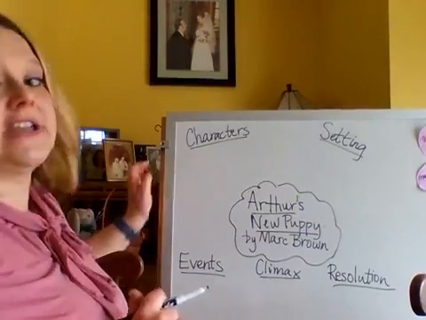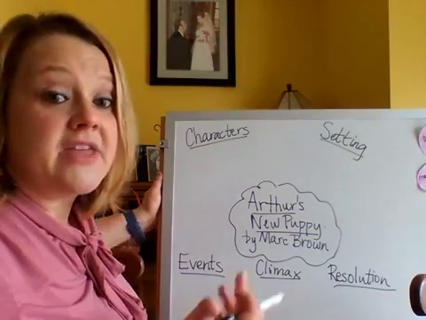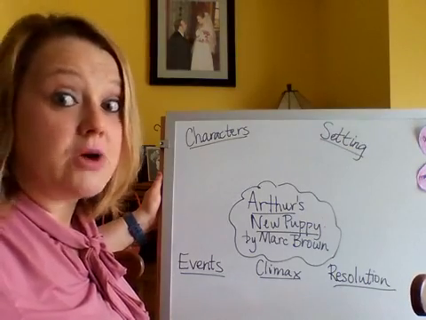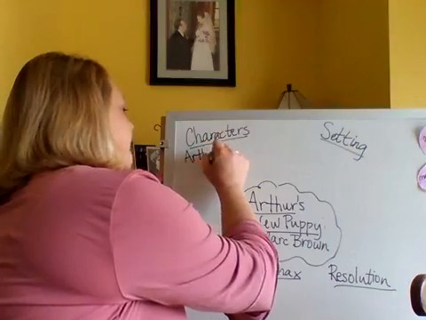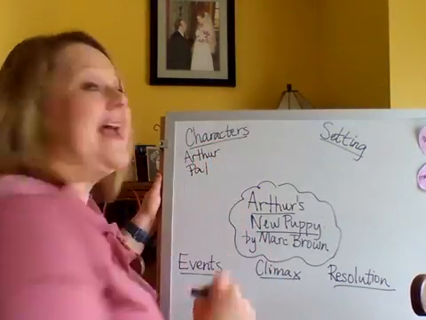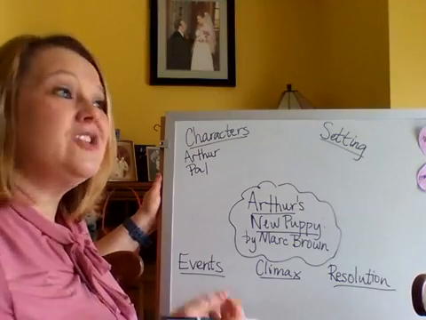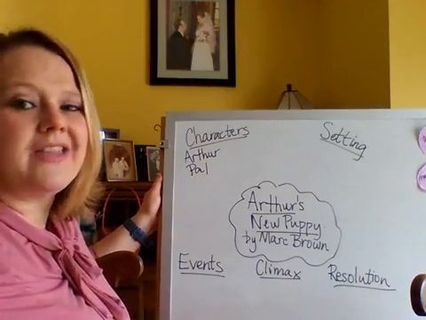Okay, so I'm going to start with the characters up here. My characters in this text that I'm going to focus the most on would be Arthur, Pal, of course, and the rest of his family. You might say, now what about Francine? What about Buster? They were in there.